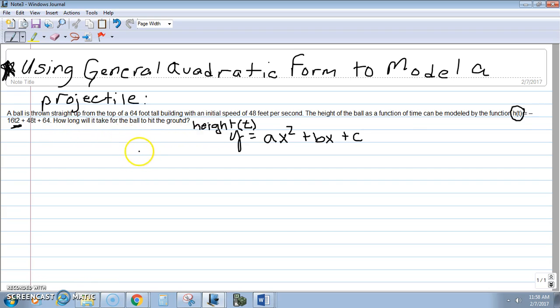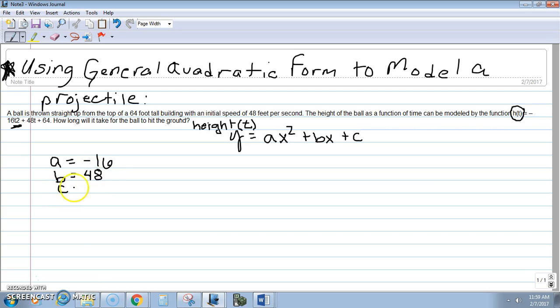So projectiles in general formula, it's a great thing to use because if we take a look at this, let's write down what is our a in this situation. It's negative 16. Just negative 16. That t squared is actually not part of the a, it's just the variable. Our b is 48.